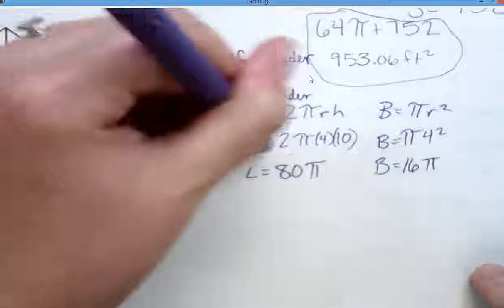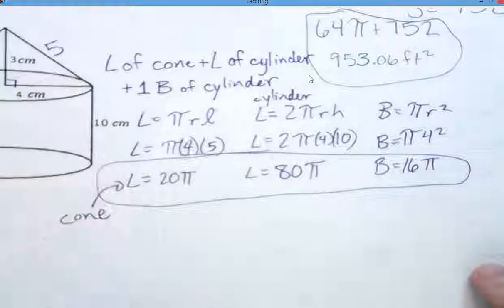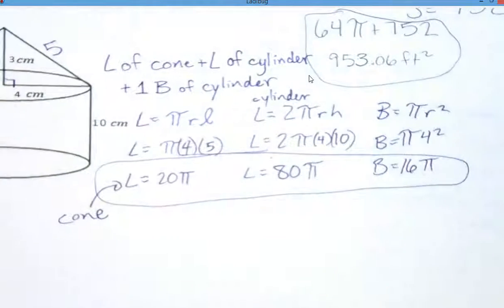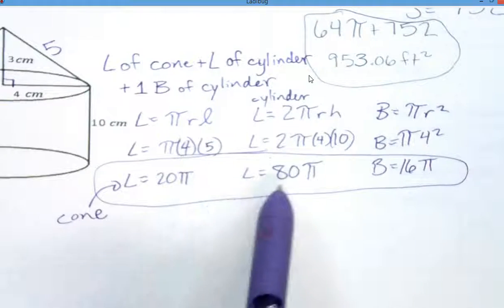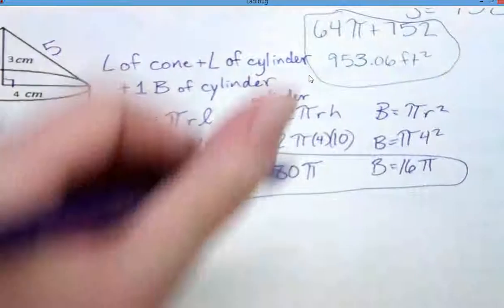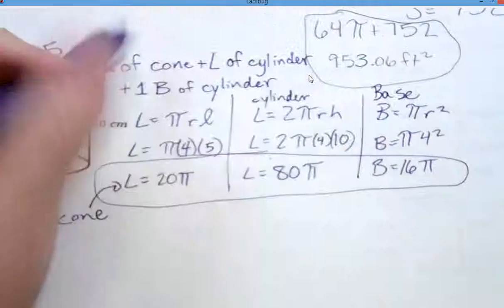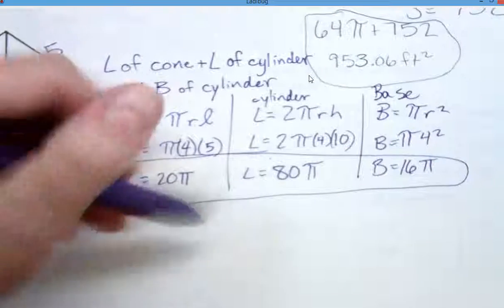So we need to add these 3 together. And I really want y'all to write these out, because when you get to the end here, it's really hard to tell what the difference is between all of these. It's just a lot easier if you have some reference to look back on.